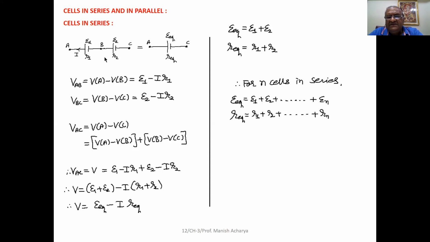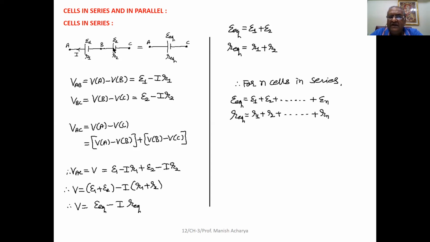Now here see, in this series combination, the cells are connected like this: positive, negative, then after that positive, negative. So in this case, we write E1 plus E2 plus E3 plus up to En.